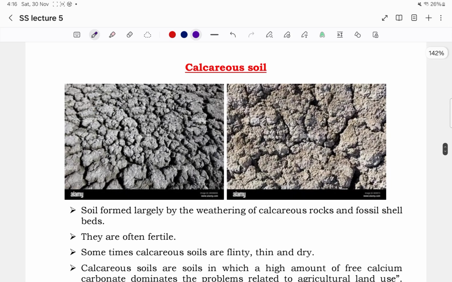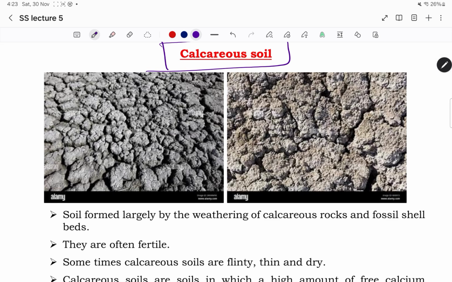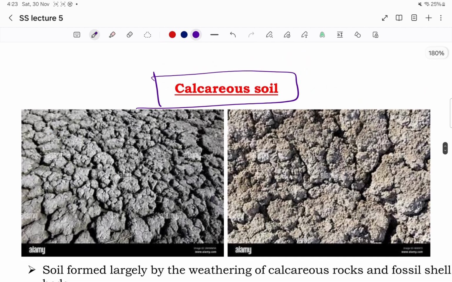Let us move on to the next type of soil, that is calcareous soil. Calcareous soils are usually prevalent in arid and semi-arid regions.